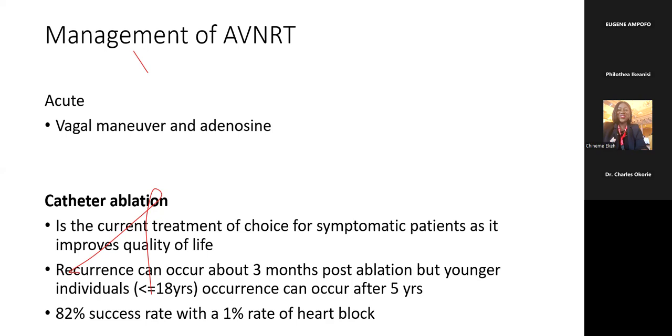If the patient is hemodynamically unstable, we do synchronized cardioversion, which is a level 1B recommendation. Then if the patient is stable, vagal maneuvers. If it is ineffective, we use IV adenosine. Then we can move down to verapamil, diltiazem, and then the beta blocker. If these are ineffective, the patient can still go straight to synchronized cardioversion.